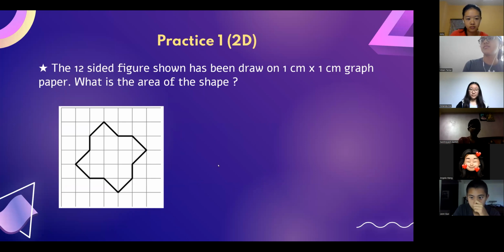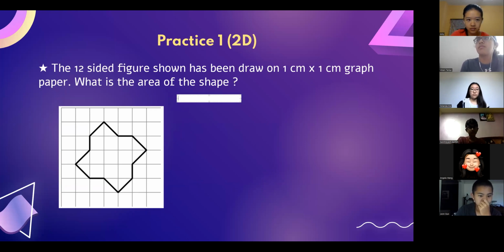Okay, so now that you've tried something, this is a little different. How would you calculate the area of this shape? You know how to divide it, so how would you divide it up? Basically, what shapes would you use?